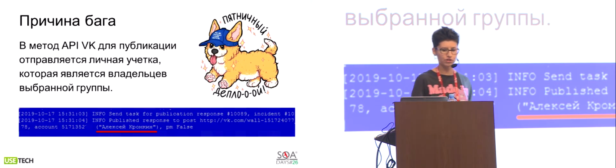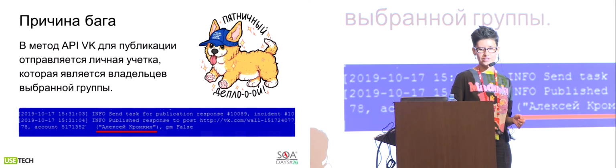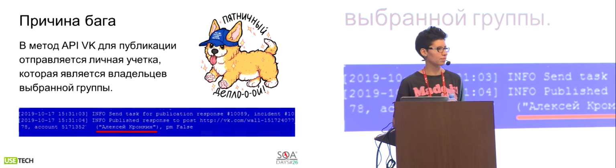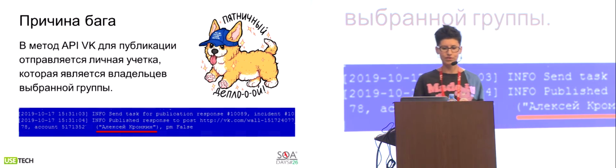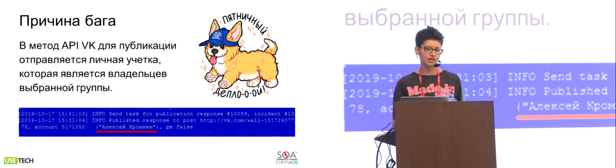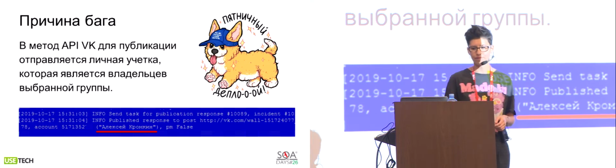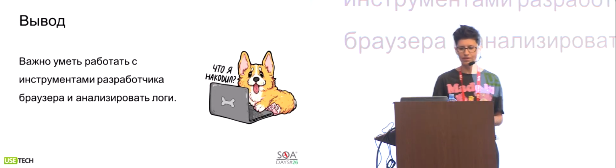So in the process of log review, I find that for some reason, if you select a group account, then API VK receives admin, not the group account. So the cause of the bug here was in the back-end section, in the integration with the official API VK.